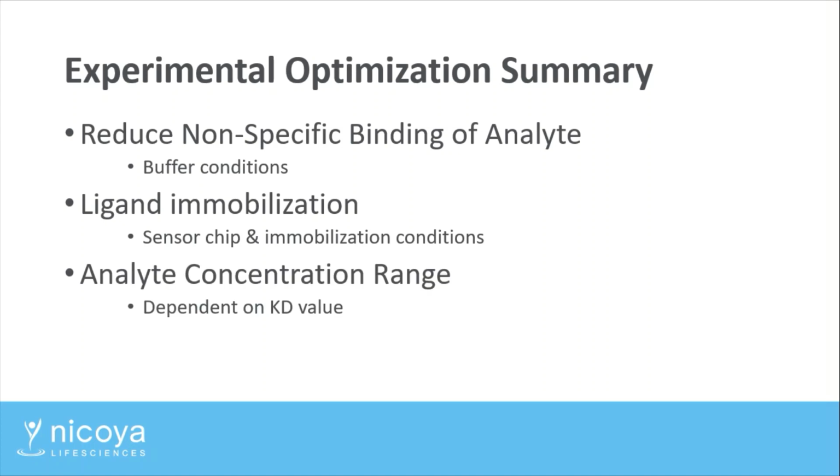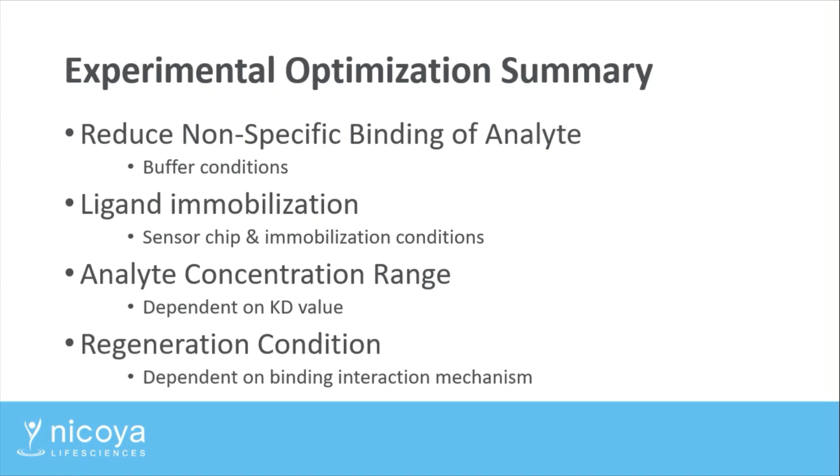The third area that might need some optimization is your analyte concentration range. And as stated earlier, this is going to vary for each binding system. In general, you'll need to use a concentration range that's around your expected KD value for your interaction. And the final part of the experiment that may need optimization is your regeneration solution. And again, this is going to be completely dependent on the samples that you are analyzing.